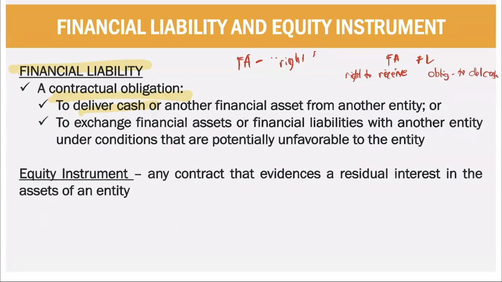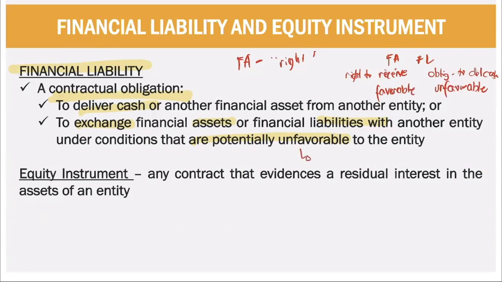Another definition is to exchange assets and liabilities that are potentially unfavorable. So in a financial asset, the definition provided is potentially favorable, but in a financial liability, the definition provided is potentially unfavorable.